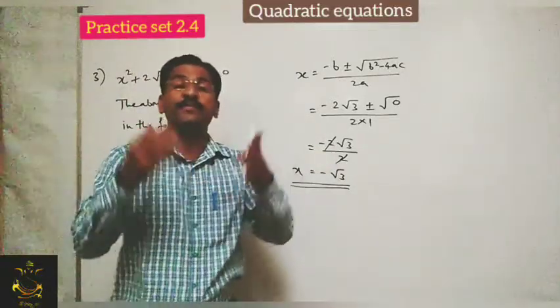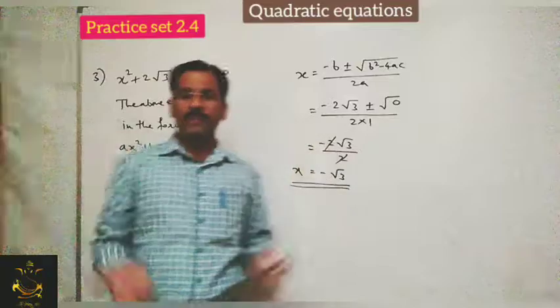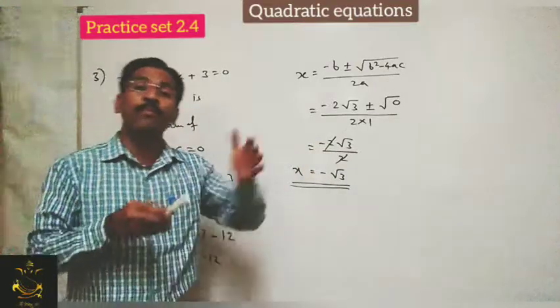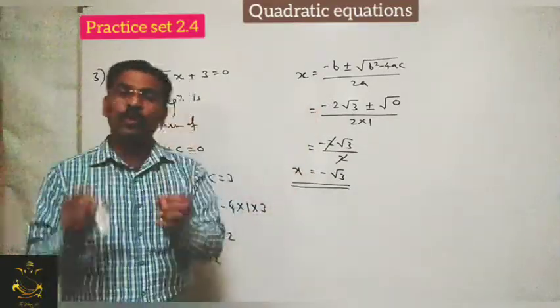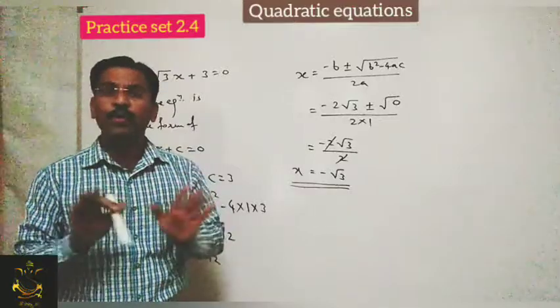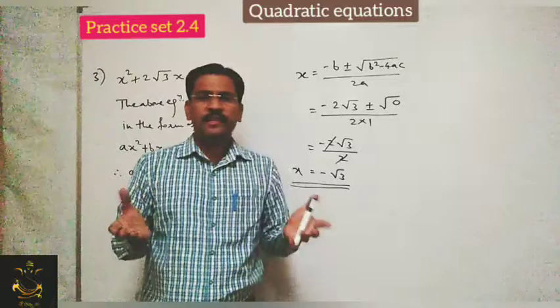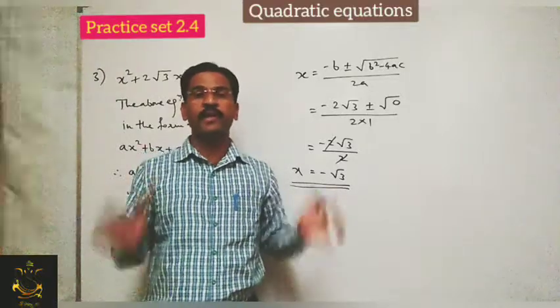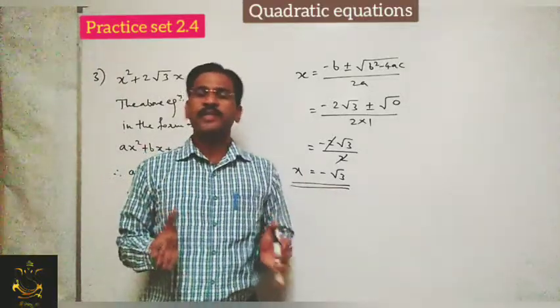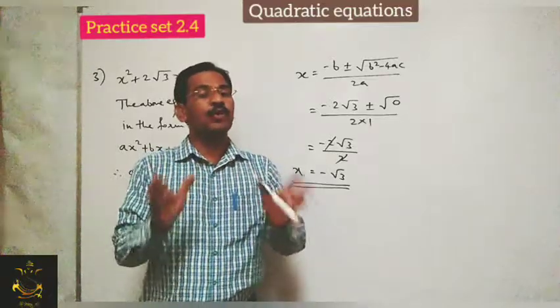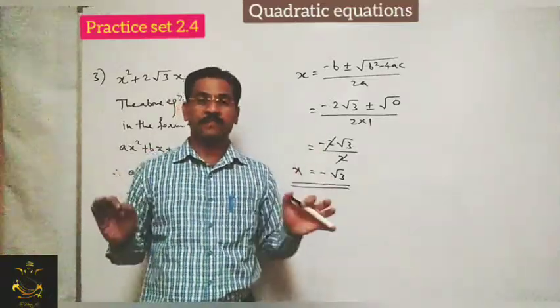Try to solve. This is for your practice. If possible, also try to solve some examples from the problem set. Okay friends, this is very important. Practice plays the most important role. Otherwise, this quadratic equation is very important and very simple also. Just practice is the only necessary thing. Okay friends?